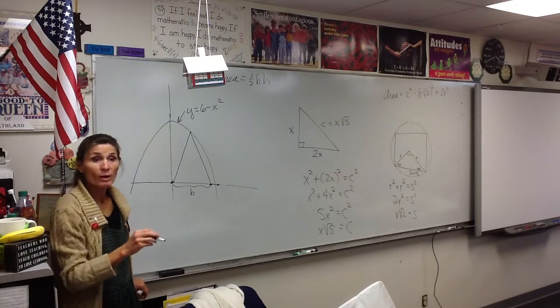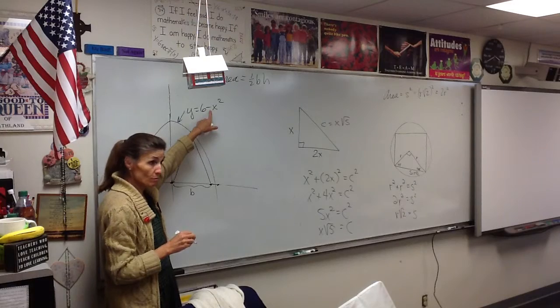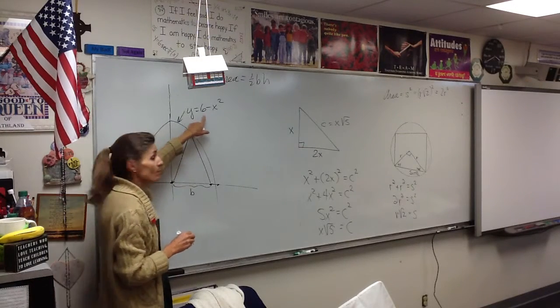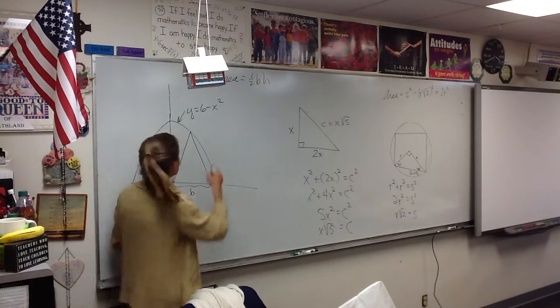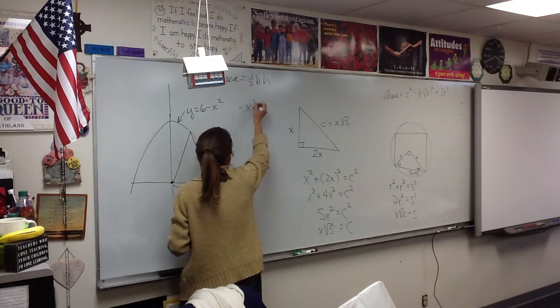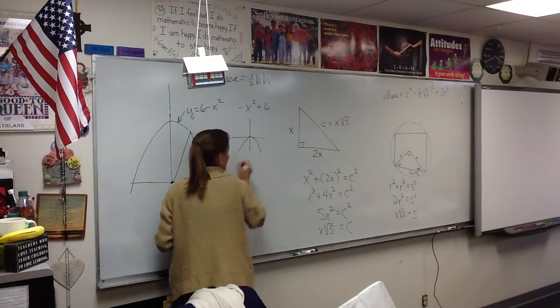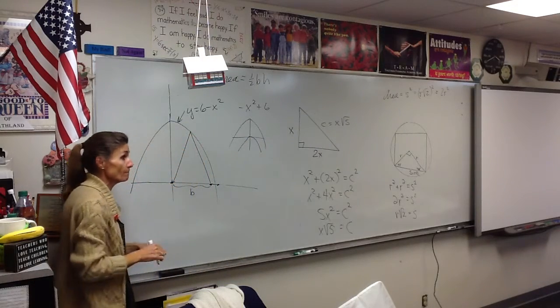I know what x squared looks like. What does putting a negative in front of it do? Turns it upside down. And then what does adding 6 do to it? Moves it up 6. So that equation is negative x squared plus 6. I know that negative x squared looks like this, and then pick it up 6. So that's how I knew that picture, right?